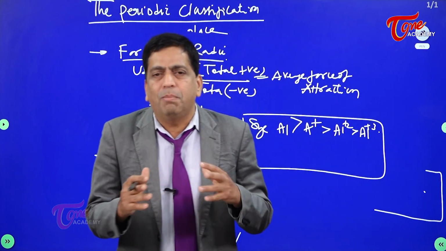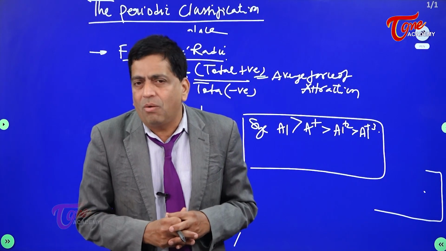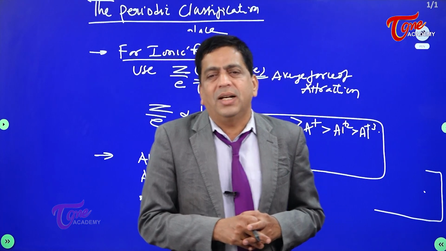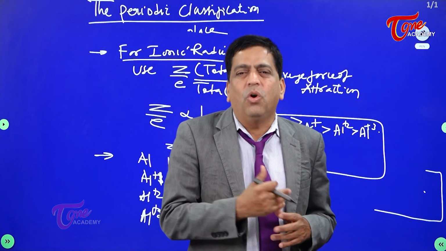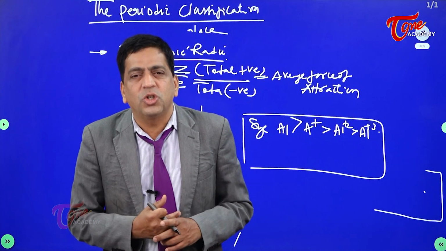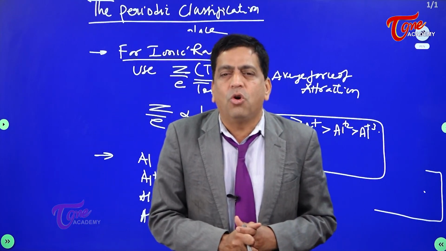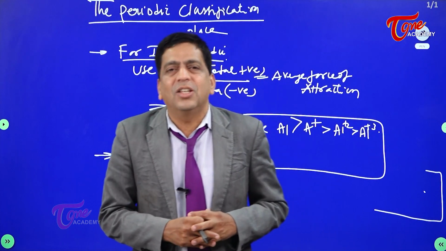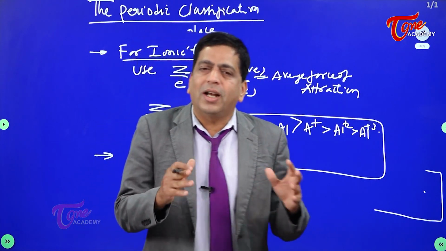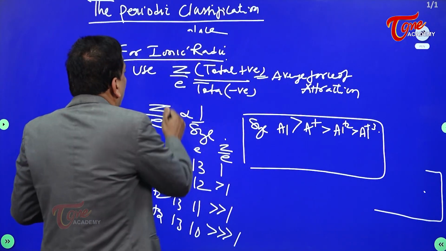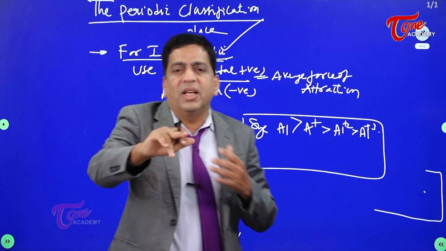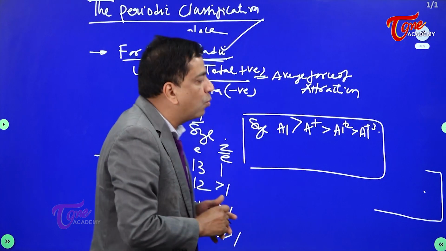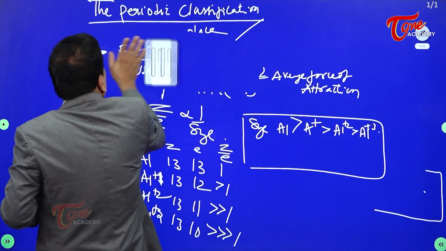If Z by E is more, the size would be lesser. It's common sense: when the average force of attraction is more, the size is less. Use this when you want to judge ionic radii, which is normally given in the exam. That's one point. The next point, observe carefully.